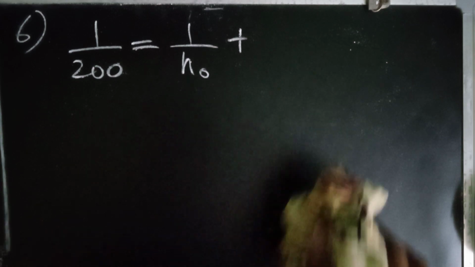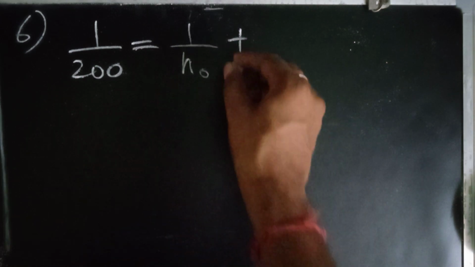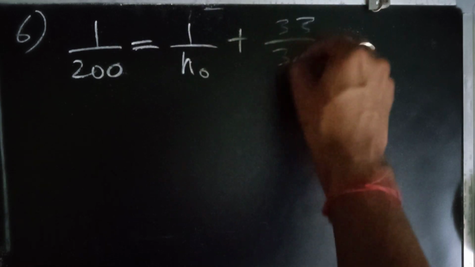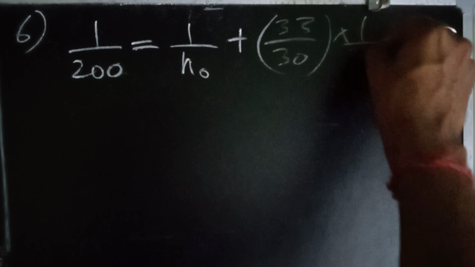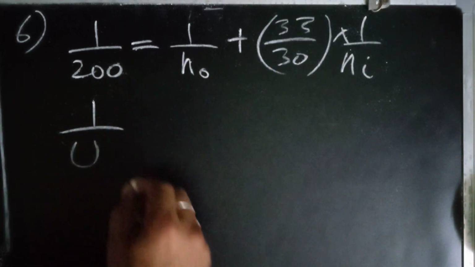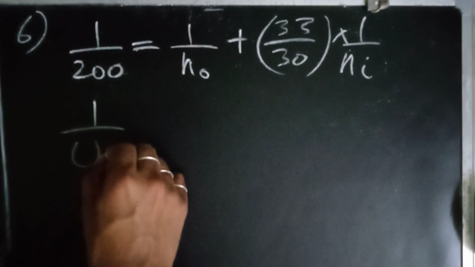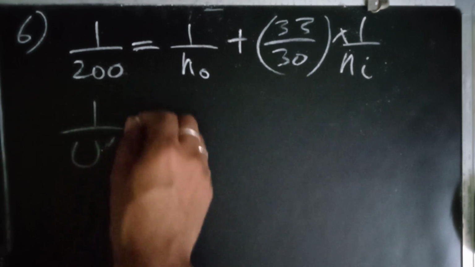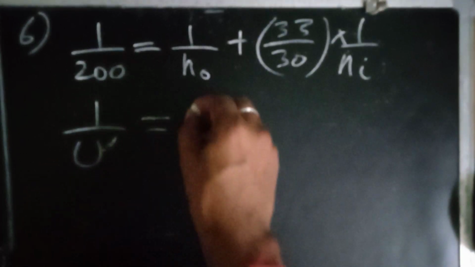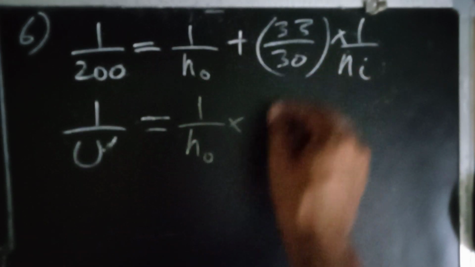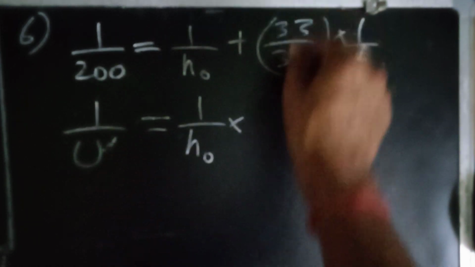So after that, this is the way we do it. 1 by H naught plus 33 by 30 into 1 by Hi, and the other equation will be 1 upon Ui based on inside diameter, or we can say U dash. Anyways, we need to find this quantity, and this would be 1 upon Ho into these are the radius.